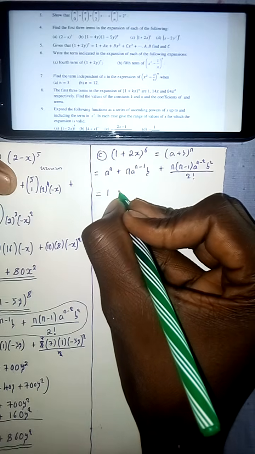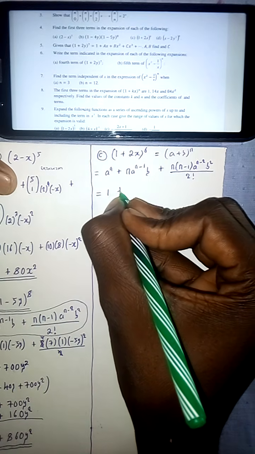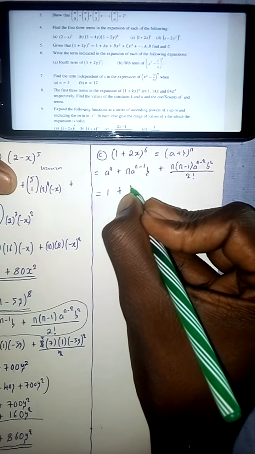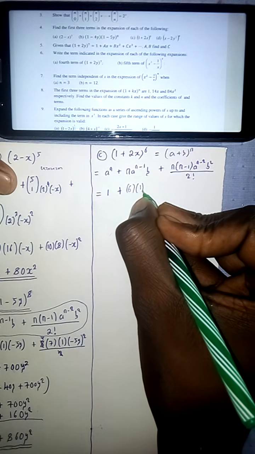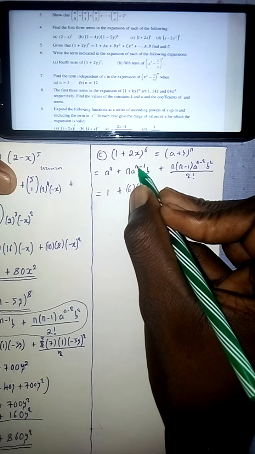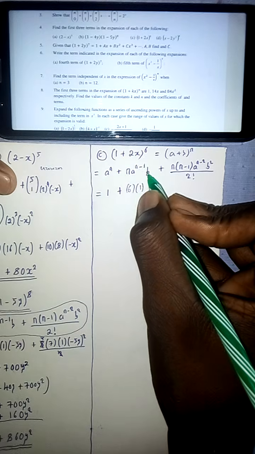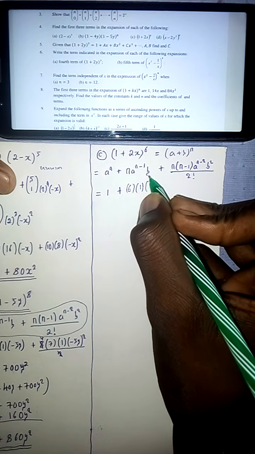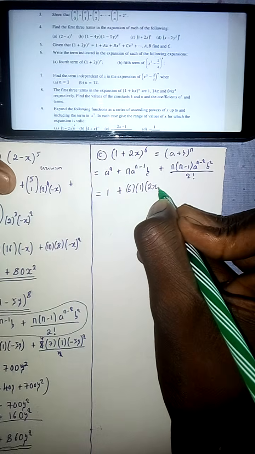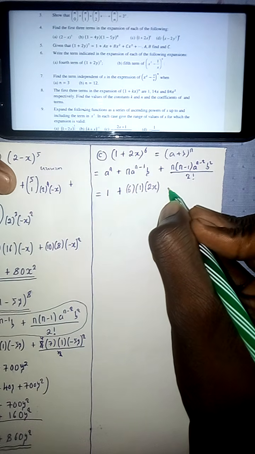So 1 raised to the power 6 still remains 1. Plus n is 6. Our a is 1. So n is 6, 6 minus 1 will be 5, which will still give us 1, right? What about for our b? Our b is 2x.